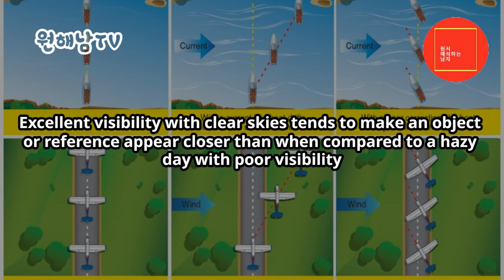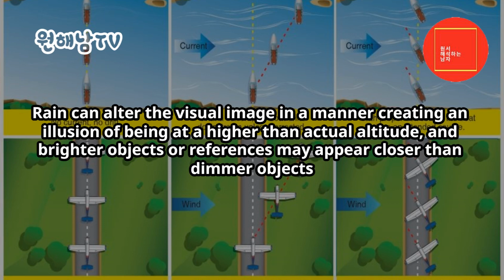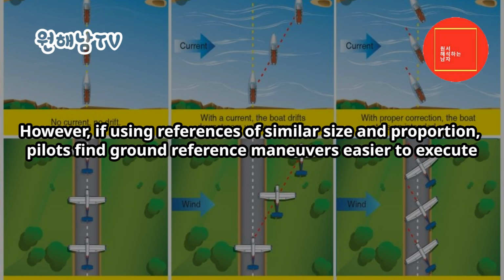Excellent visibility with clear skies tends to make an object or reference appear closer than when compared to a hazy day with poor visibility. Rain can alter the visual image in a manner creating an illusion of being at a higher than actual altitude, and brighter objects or references may appear closer than dimmer objects. However, if using references of similar size and proportion, pilots find ground reference maneuvers easier to execute.